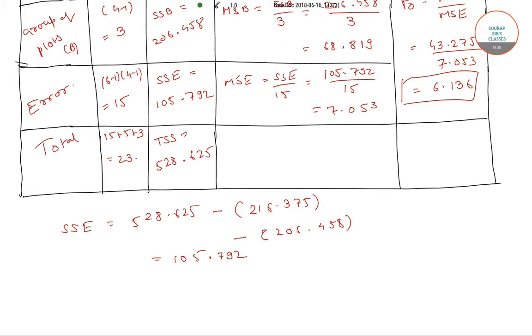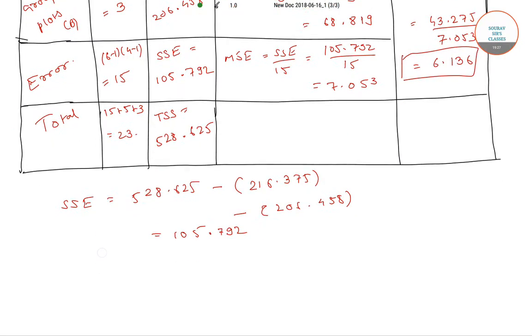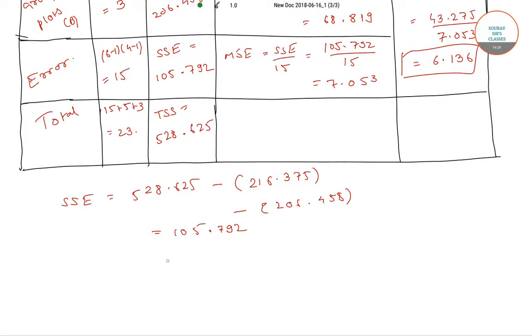Now from the F table we will find our tabulated value of F, which is F 0.05 with degrees of freedom 5, 15. From the F table we get the value as 2.9. So our tabulated value of F is equals to 2.9.